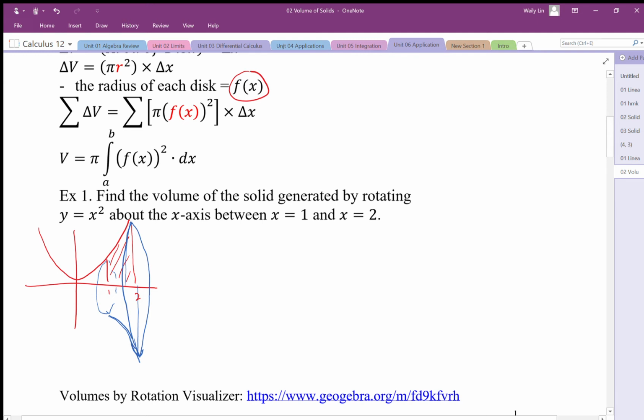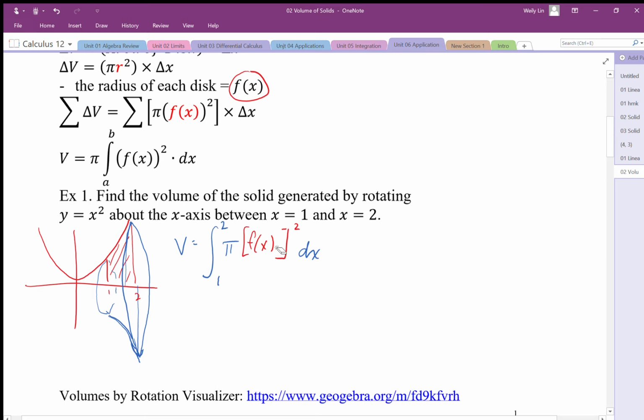To calculate the volume of the circle, we do pi times r squared, where r is represented by f of x. So pi r squared, and then I give it some thickness dx, and I integrate that from x equals 1 to x equals 2. In doing so, I'm going to calculate the volume of this whole object.